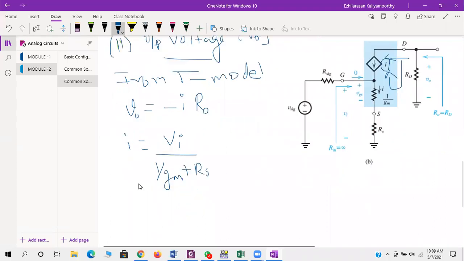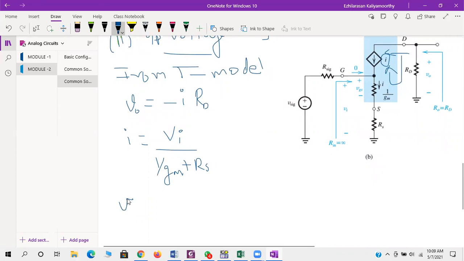Now we'll go for the V naught is equal to, so this will be one equation, substitute this I over here.